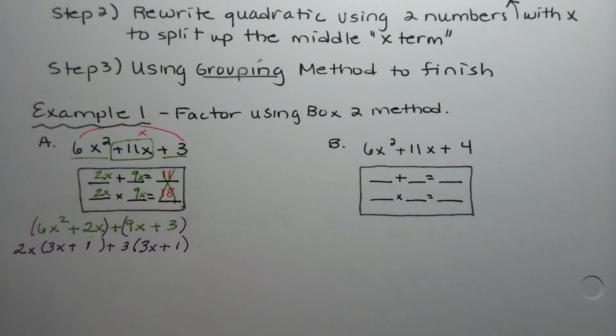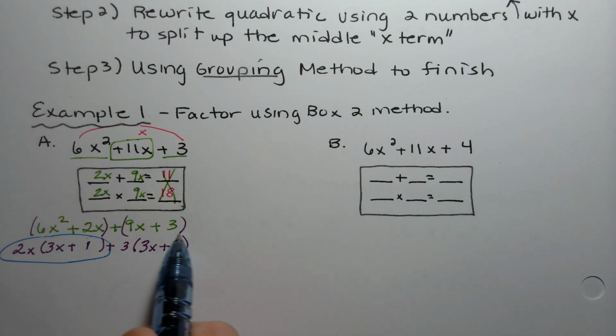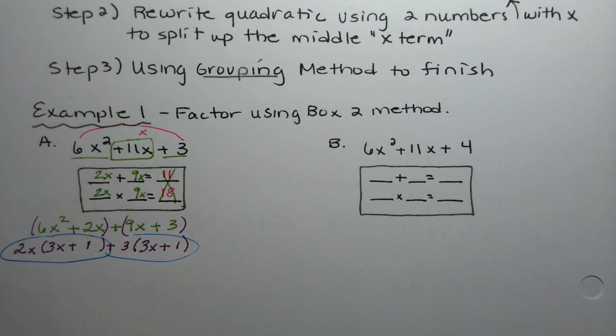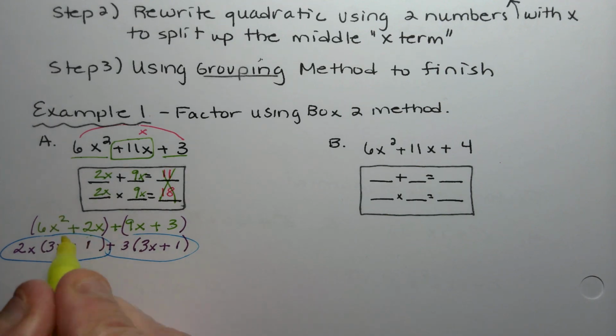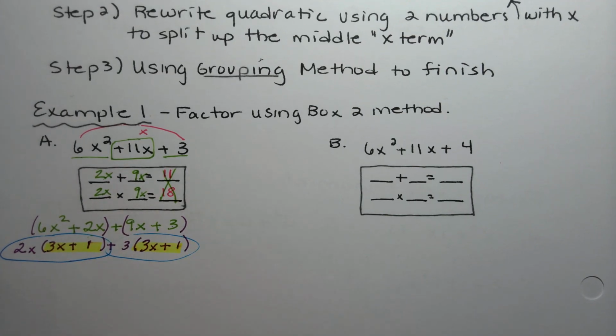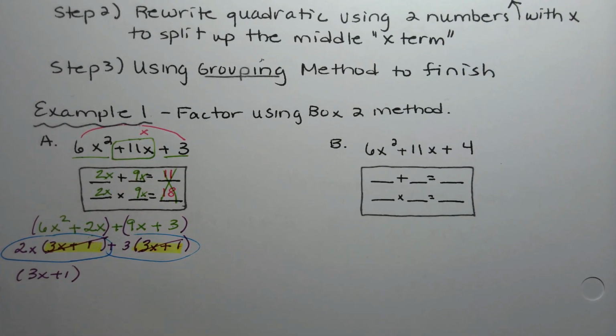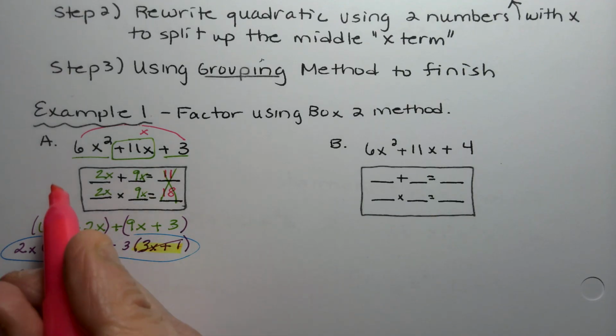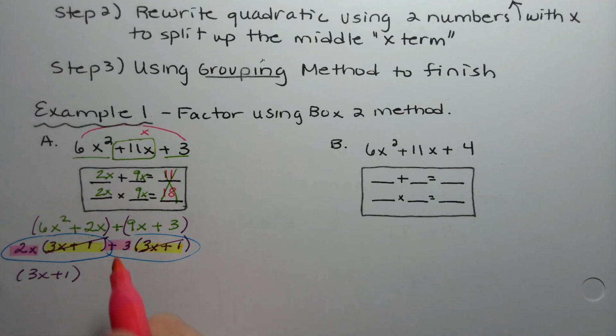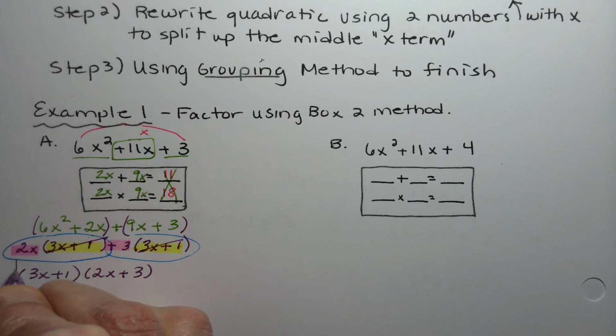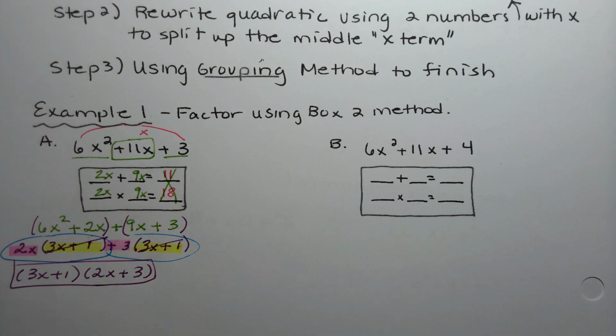All right, we take a look at these bigger looking terms here, and we see that we have the same thing. Good, so that comes out front, 3x plus 1. Cross them off, and then we go back in and we see what we have left: 2x plus 3. Done.